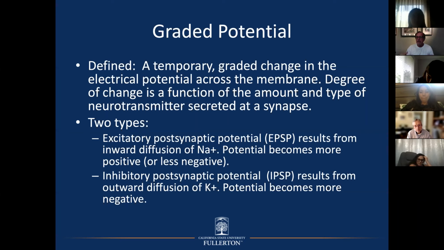So what's happening is you've got all this synaptic activity and all these graded potentials being generated on a neuron, a cell body and its dendrites. And if they come close enough in time to summate at the point of the axon hillock, you'll get your action potential. And we'll go more into the action potential, but right now we're just looking at EPSPs and IPSPs.